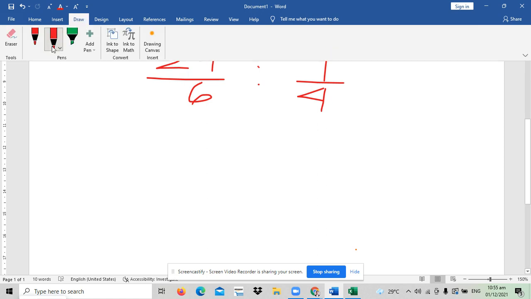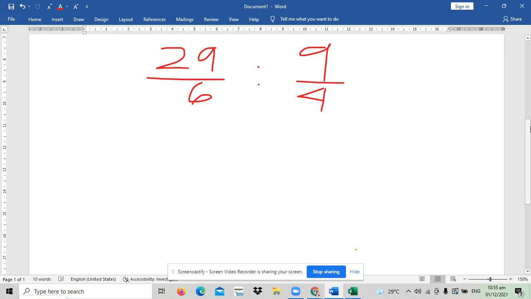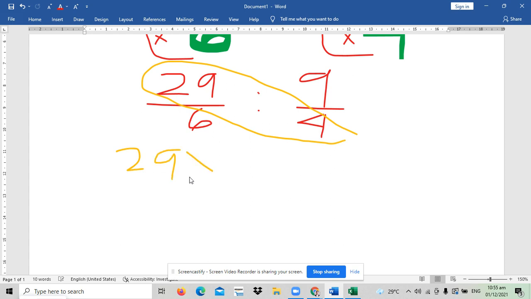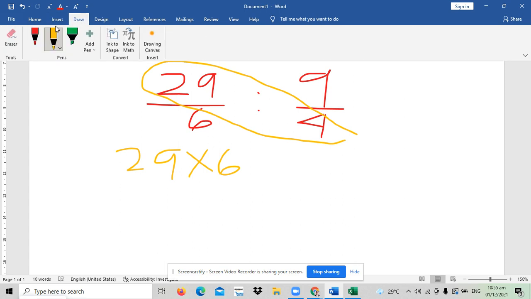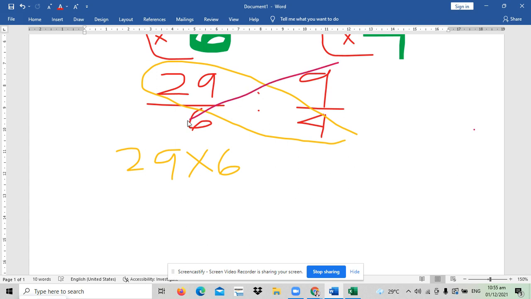So what we will do is add another step, which is to cross multiply the numbers. So we will multiply 29 times 6, and then on the other side, you will also multiply 9 times 6.